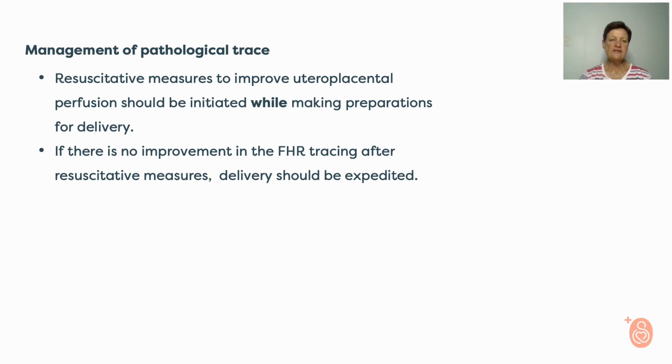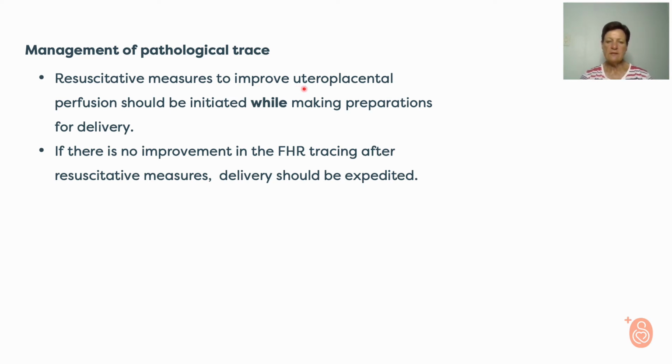So how do we manage a pathological trace? Now, first of all, start with resuscitative measures, which we will come to just now. And then to improve the uteroplacental perfusion is the most important part of our intrauterine resuscitation measures, to get as much oxygen as possible in that uteroplacental area from the mother to the fetus.